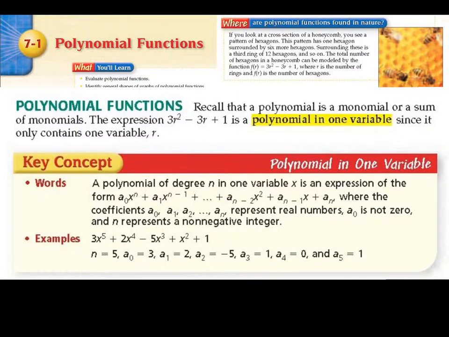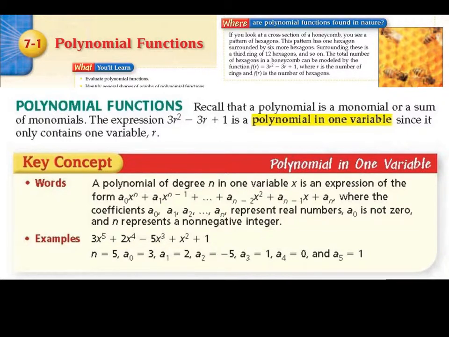A polynomial of degree n in one variable x is an expression of the form a sub 0 x to the n plus a sub 1 x to the n minus 1 plus a sub n minus 2 x squared plus a sub n minus 1 x plus a sub n, where the coefficients a sub 0, a sub 1, a sub 2, and a sub n represent real numbers. A sub 0 is not 0, and n represents a non-negative integer.